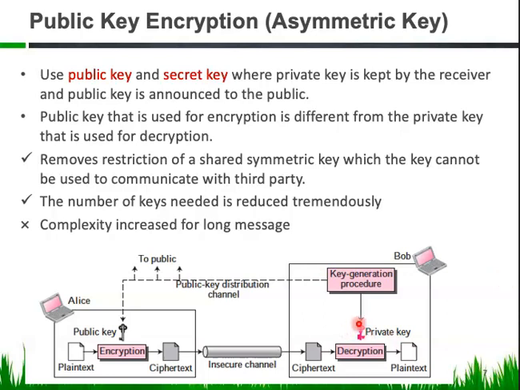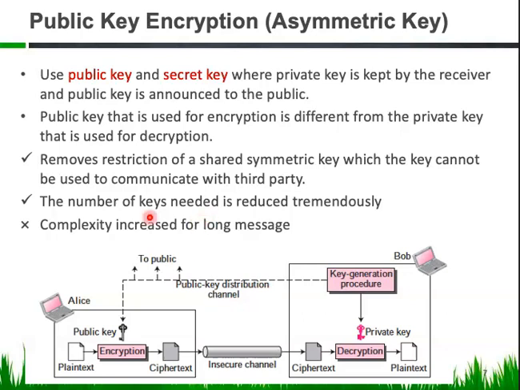Bob is also responsible for distributing the public key to the community through a public key distribution channel. Although this channel is not required to provide secrecy, it must provide authentication and integrity. The eavesdropper, in this case Eve, should not be able to advertise a public key to the community pretending that it is Bob's public key.